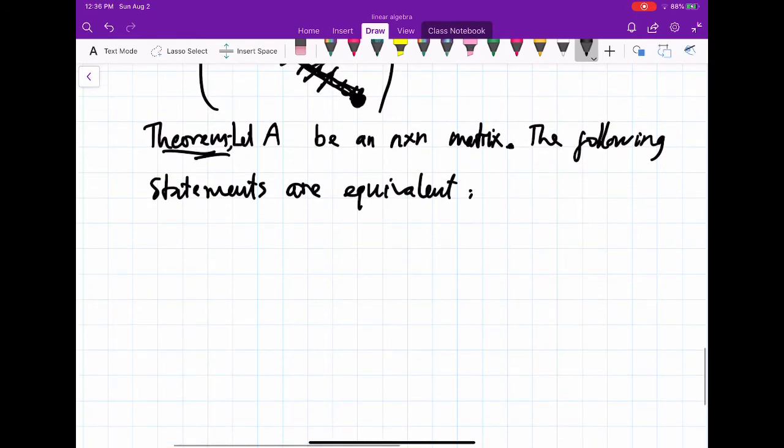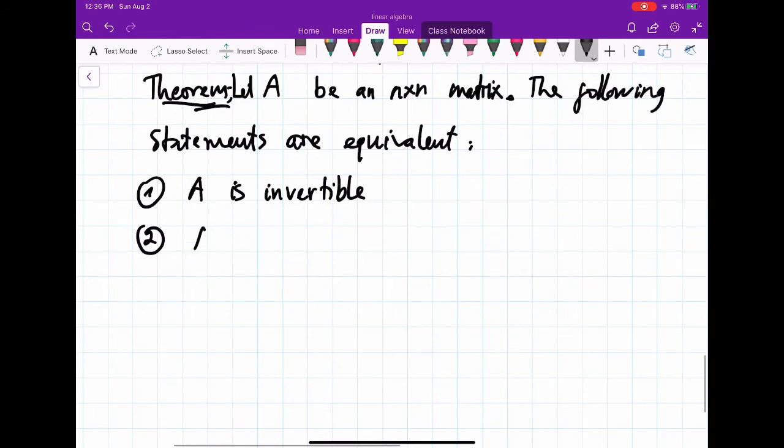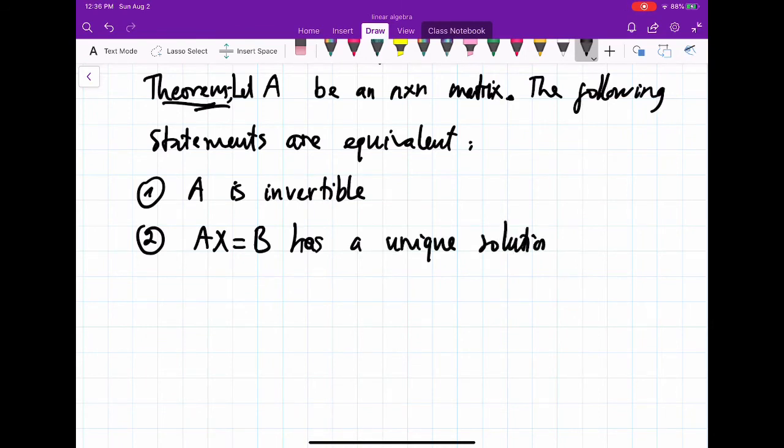The first one, A is invertible. Okay, the second, the system AX equal to B has a unique solution for every B, of course, for every B. And we can find that solution using the inverse matrix, right?